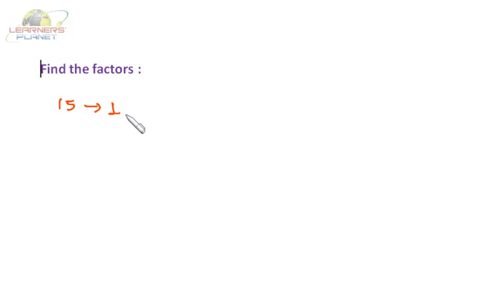Now let's see whether 2 is a factor of 15 or not. And how could we find that? If there is 15 in 2's table, then 15 will be a multiple of 2, or 2 will be a factor of 15.